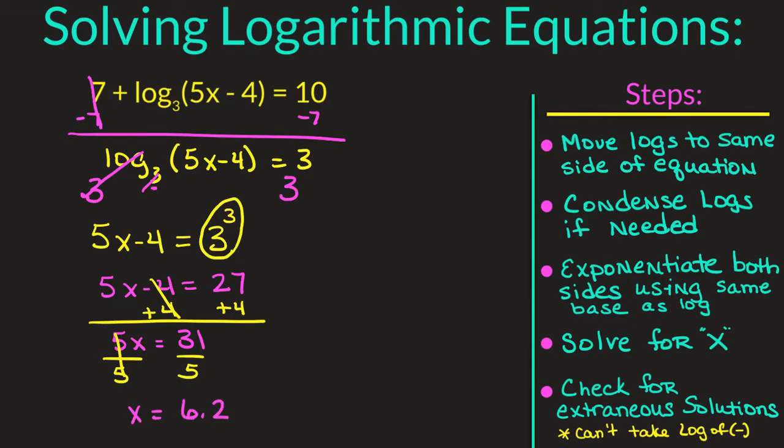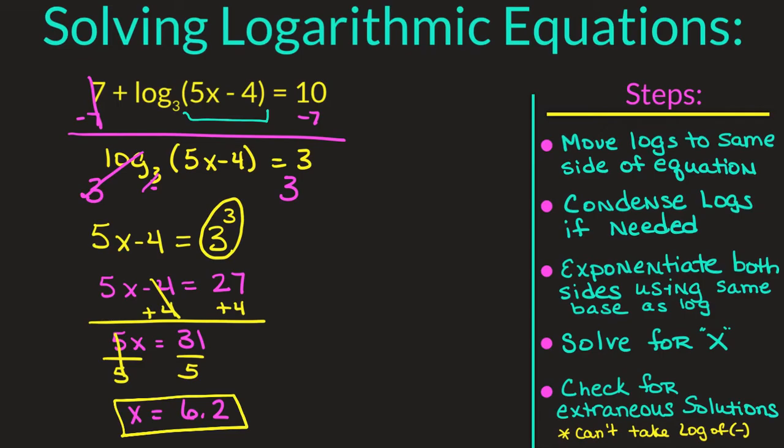Now, to check this solution that we came up with, this 6.2, to know if it's valid or not, we're going to check to see if it's extraneous, meaning that we're going to plug this back into the parentheses, this 5x minus 4 section right here, because it's the part that's attached to the log.